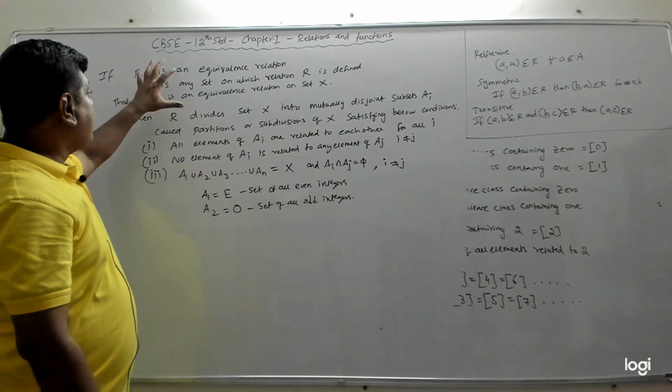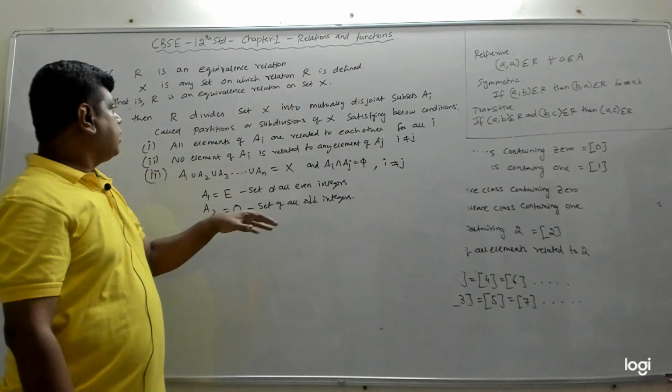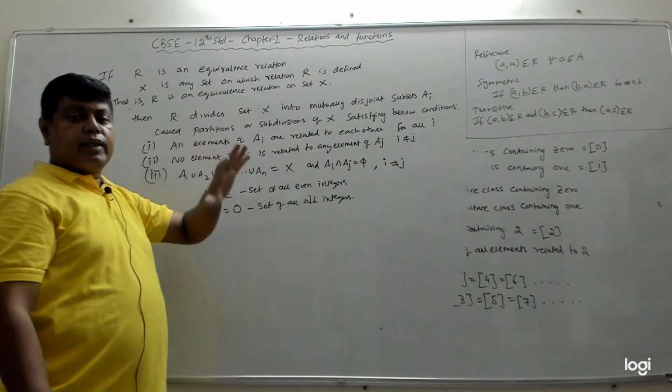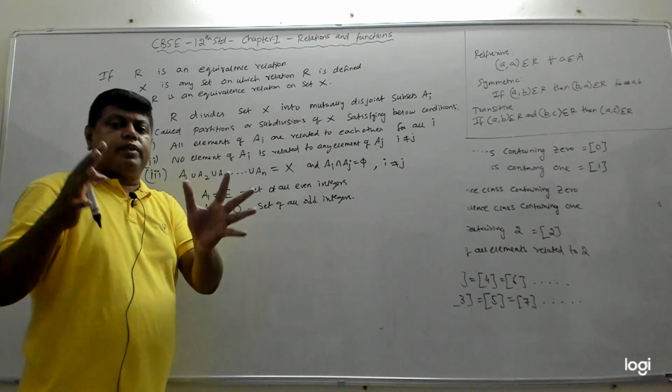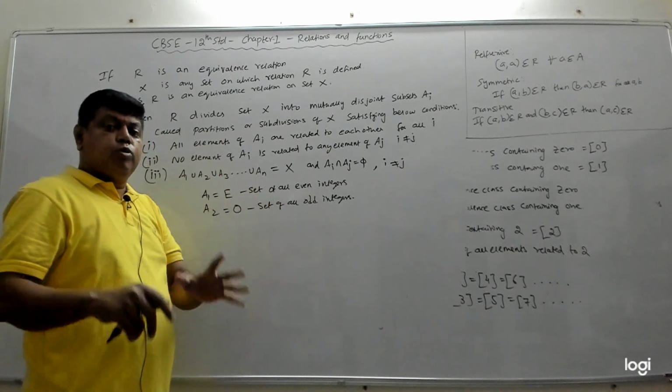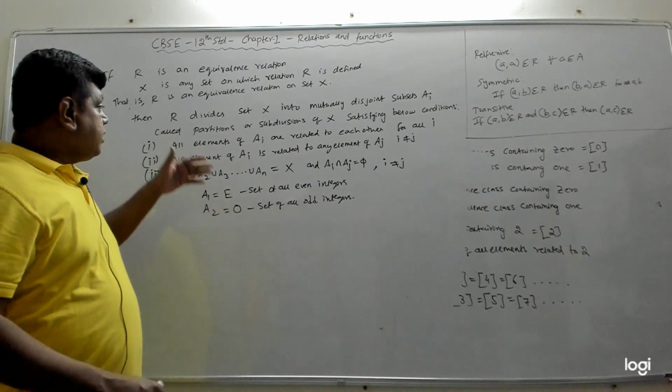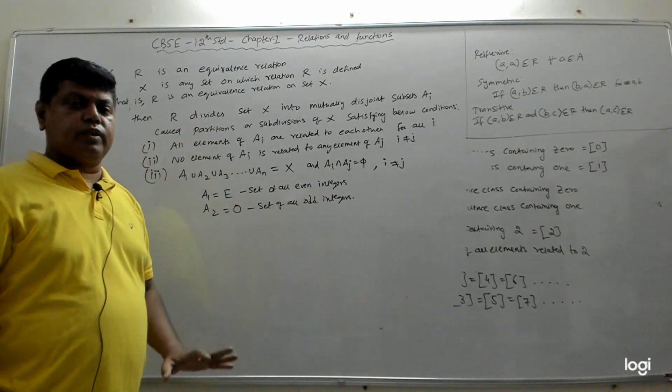So whenever you have an equivalence relation on a set X, then that will always divide your X into multiple mutually disjoint sets satisfying these conditions. Those sets will satisfy these conditions.